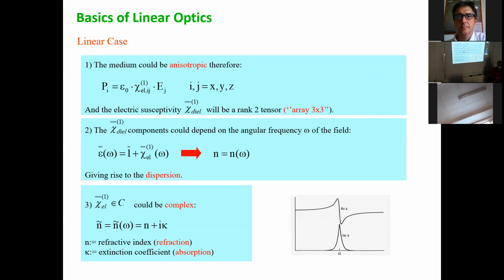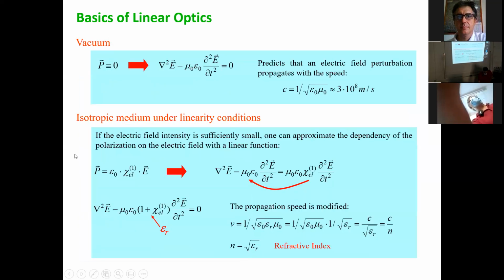What does it mean? That in general, it could be that you apply the electric field along a direction, but the polarization is induced along a different direction. So in general, you cannot write that the direction of the polarization is the same as the direction of the electric field.